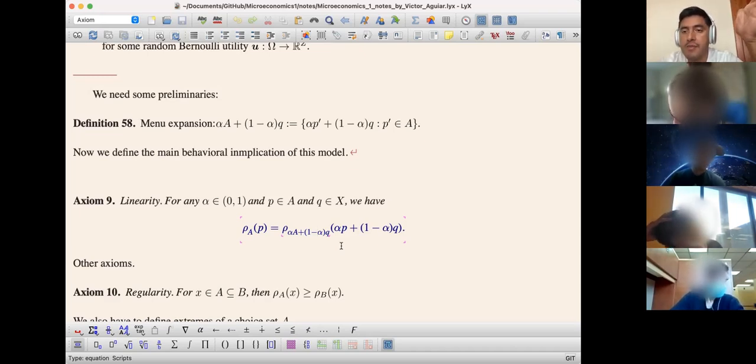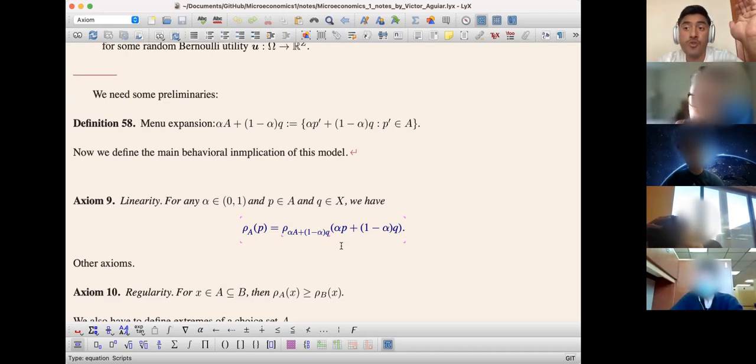Why? Because it's telling me, look, if I compute the probability that lottery P is the very best in menu A, so that's essentially the probability of the event that P is better than any other lottery Q prime inside capital A, then if I mix all these lotteries with the third lottery Q, nothing should change.